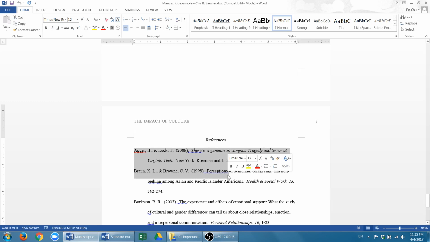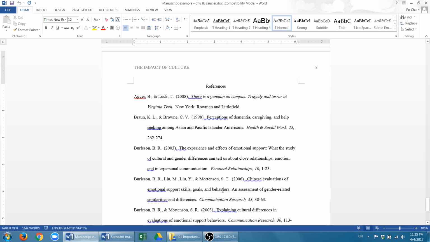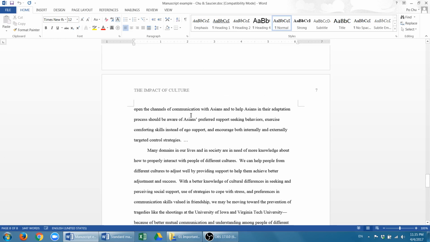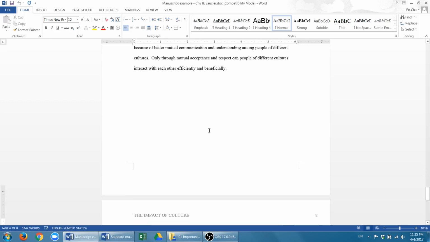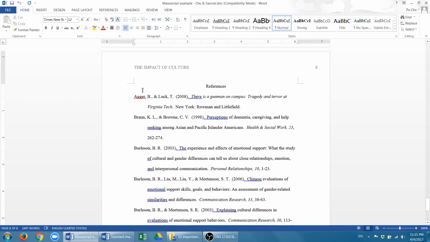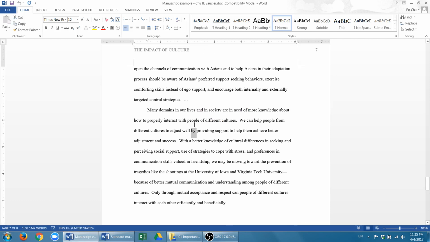And this is the format of a reference. One very important thing is that all the studies cited in the article must be in the references, and all the references here must be cited in the article.